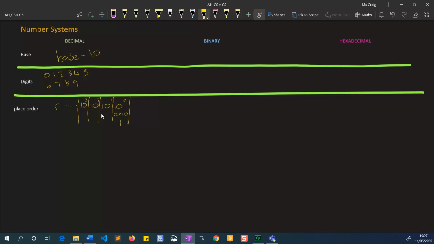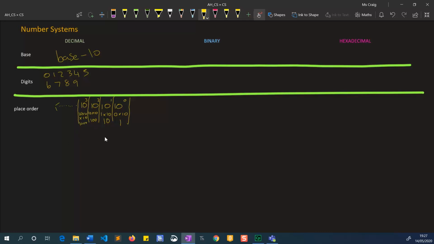10 to the power 1 means 1 times 10, which is 10, the tens. 10 to the power 2 means 10 times 10. 10 times 10 is 100, so that's the hundreds. And 10 to the power 3 is 10 times 10 times 10, which is 1,000, the thousands.